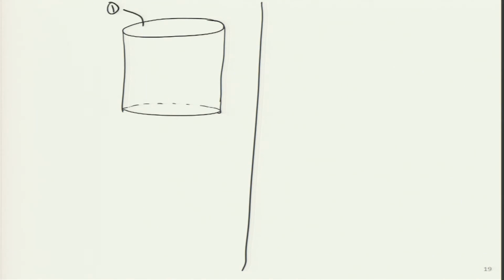Top surface is surface number 1, bottom surface is surface 2, and the side surface is surface number 3. The geometry is such that the radius here is capital R, the height of the container is h, and I know these values: radius I am taking as 1 meter, height I am taking as 2 meters.